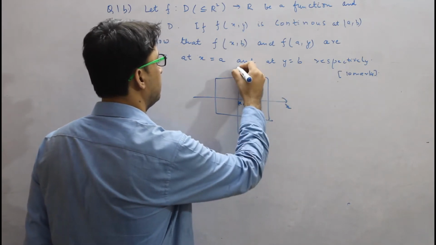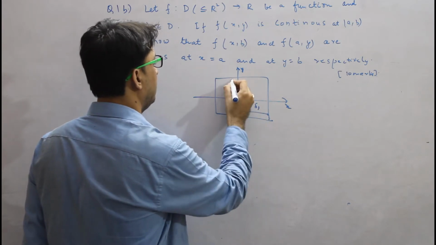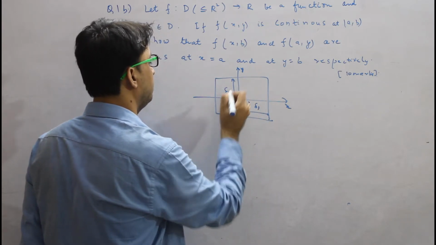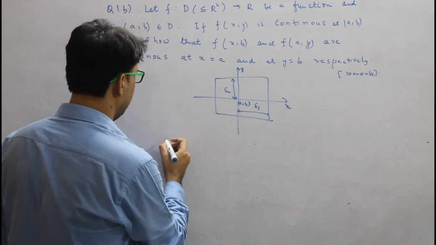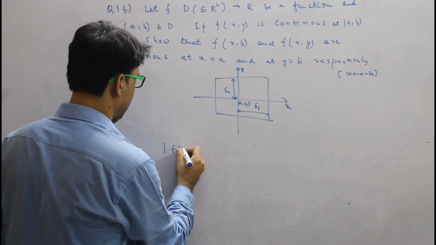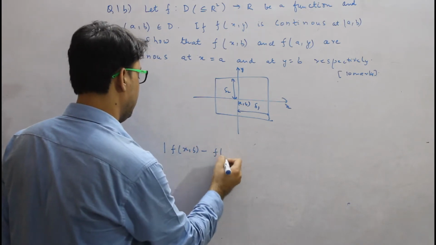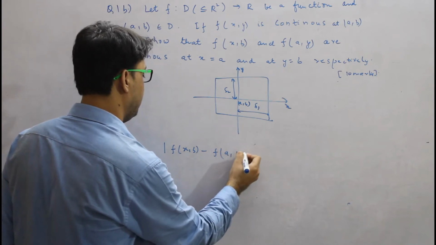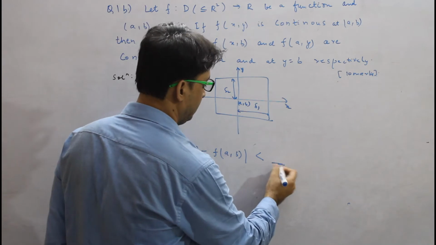This is the x-axis, this is the y-axis. If I call this delta 1, and this one delta 2, I can write this as |f(x,b) - f(a,b)| is less than, you just wait here.